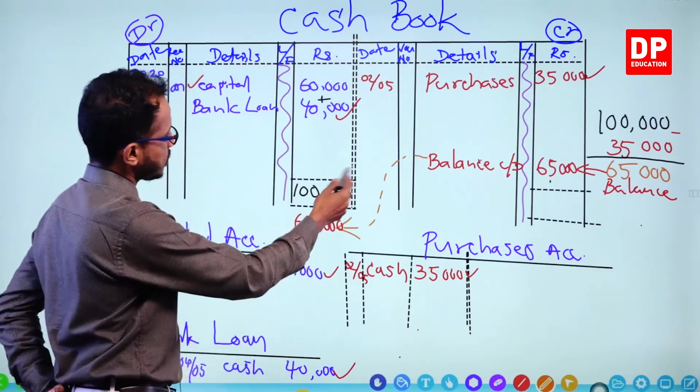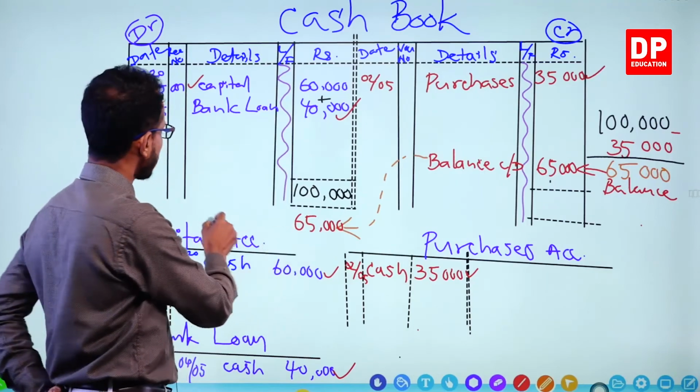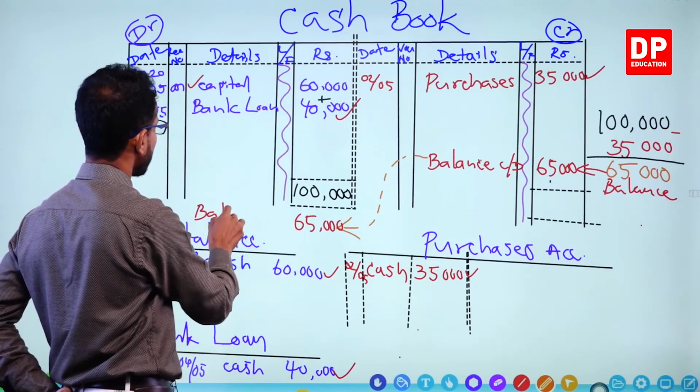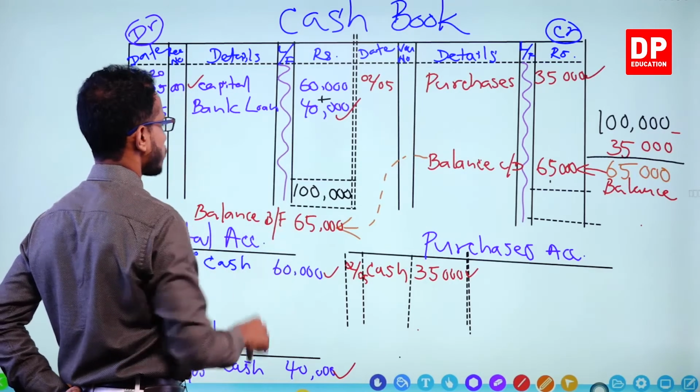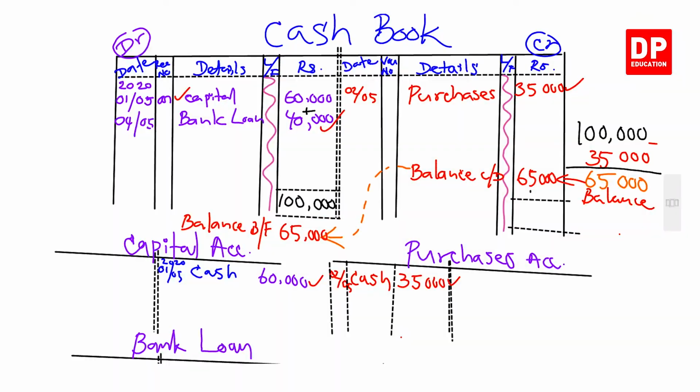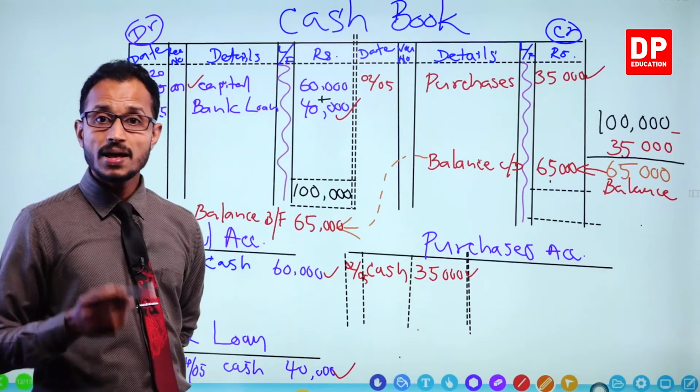When you write the balance again on the debit side, it is called the balance brought forward.